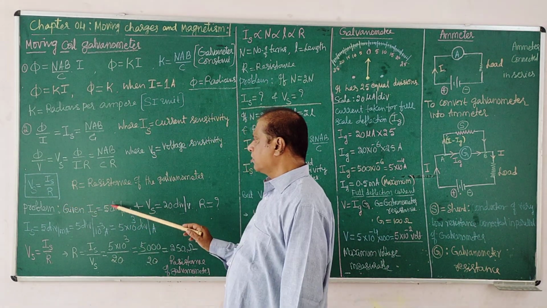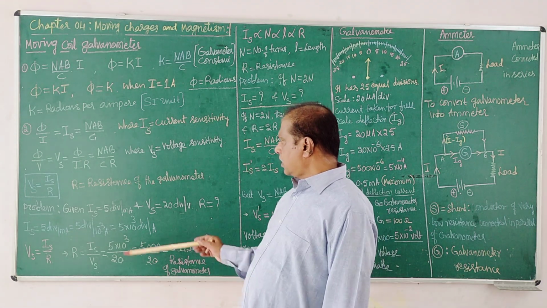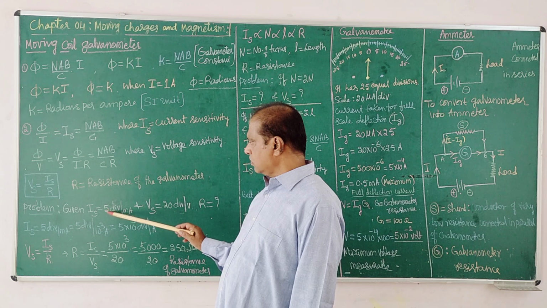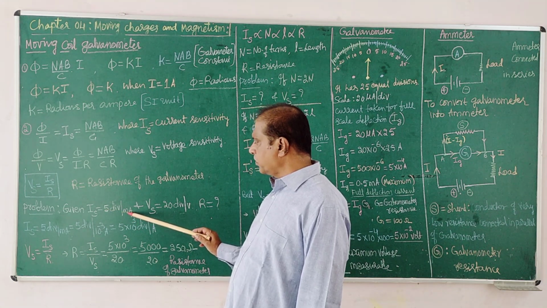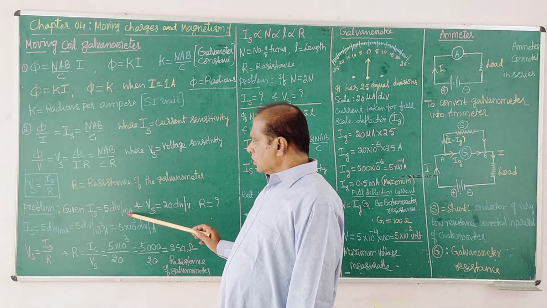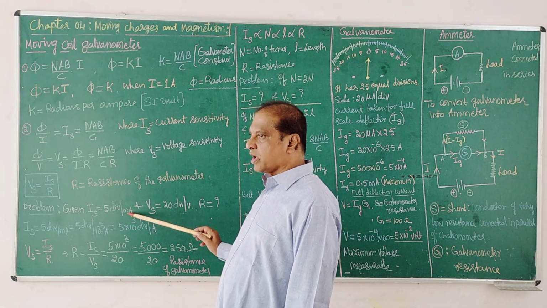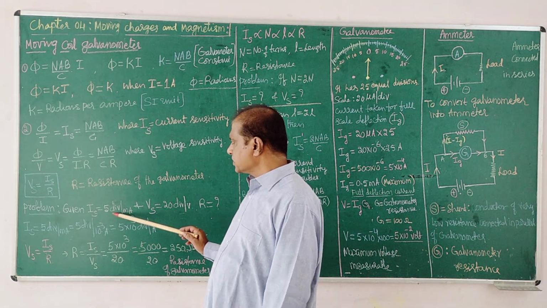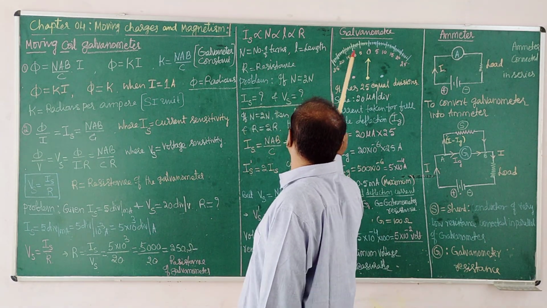So there is one such problem. Given Is, current sensitivity, is equal to 5 divisions per milliampere, per unit of current. The unit of current is milliamps. So you can use milliamps or ampere. And you are using divisions on the scale. The scale is an angular scale like this.